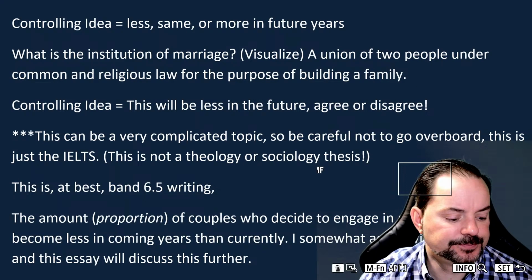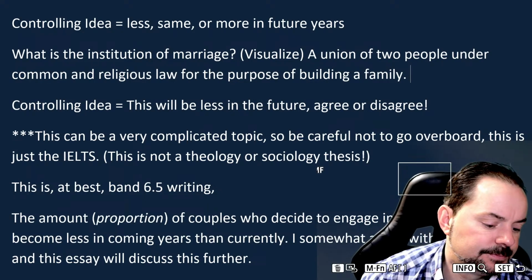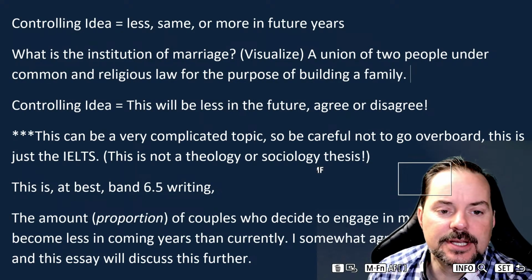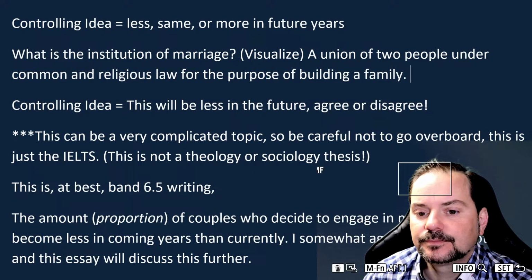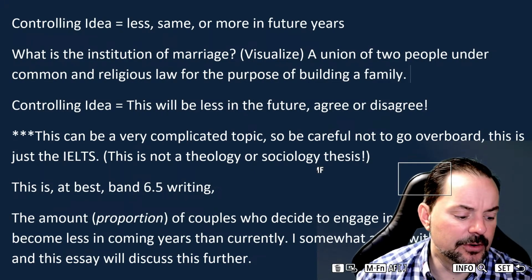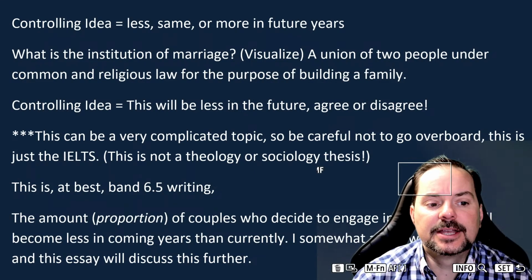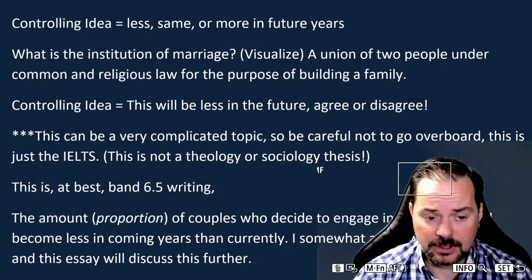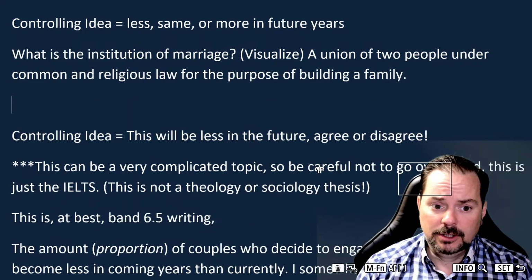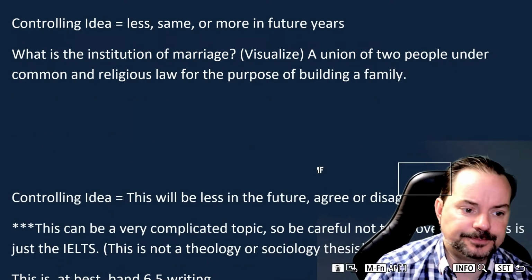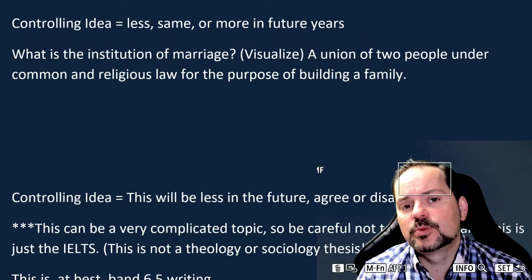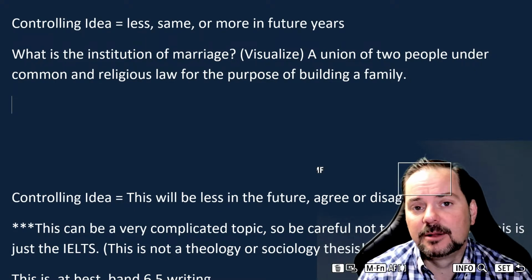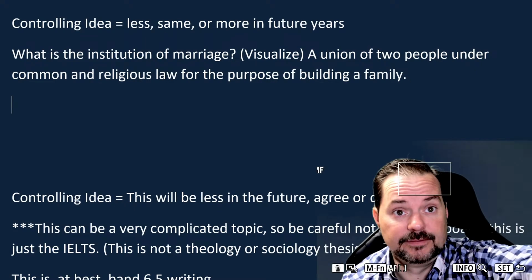So let's build out our answer here. So the institution of marriage is two people under common or religious law. Why do people do it? And answering this why question for the topic will also help us with the thesis, the controlling idea, if it will be less or more.